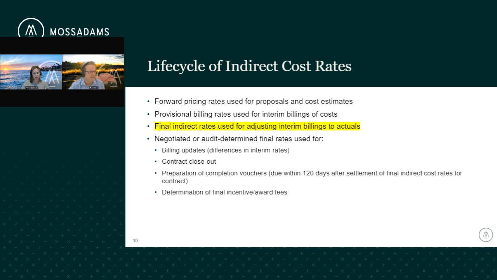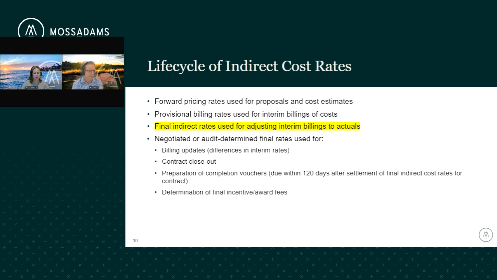Some of the other types: forward pricing is used for projections during the proposal phase, to come up with an estimate of the indirect and direct cost rates over the contract's period of performance. That's essentially used for pricing proposals and for ensuring cost estimates align with future expectations.